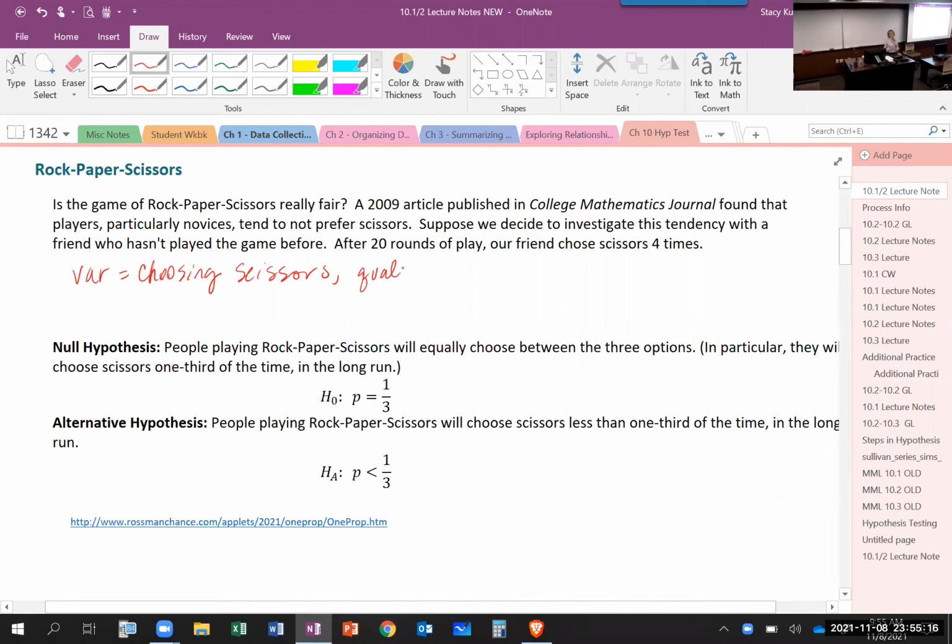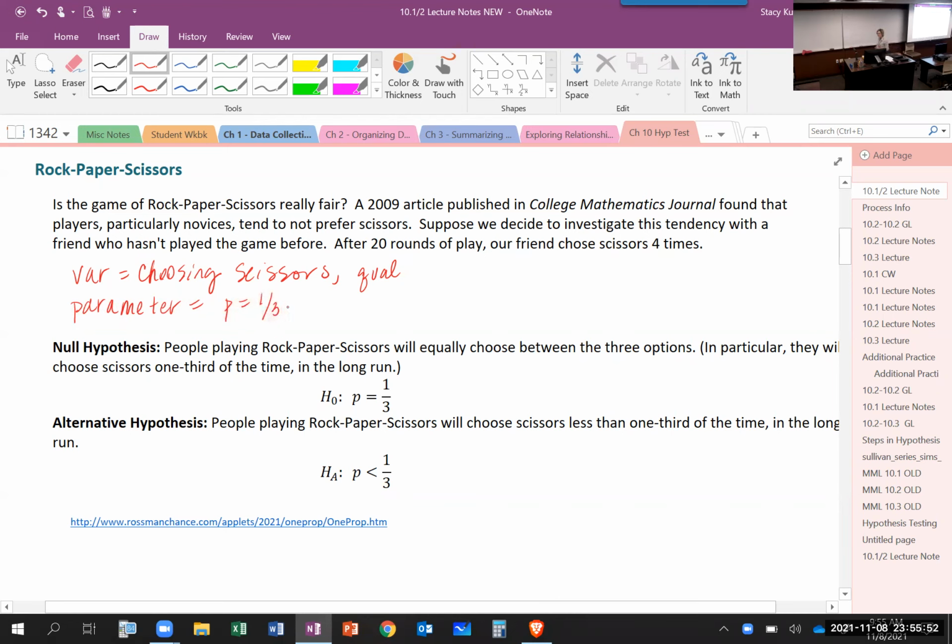What is the parameter in this case? What is the probability of getting scissors in the long run? We've already said this: 1 out of 3. Remember, a parameter talks about the population. In the long run, you have a 1 in 3 chance of choosing scissors.